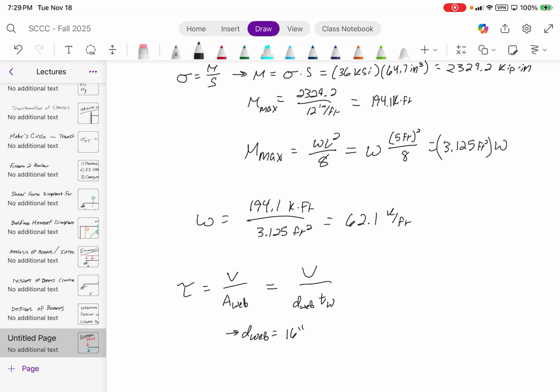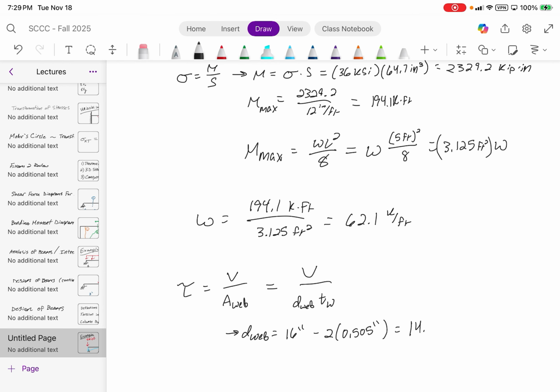Depth of the web is going to be 16 inches minus 2 times, what is the thickness of the flange? 0.505. So that's roughly what? 14.99. What is it, 14.9 inches? Or 99?